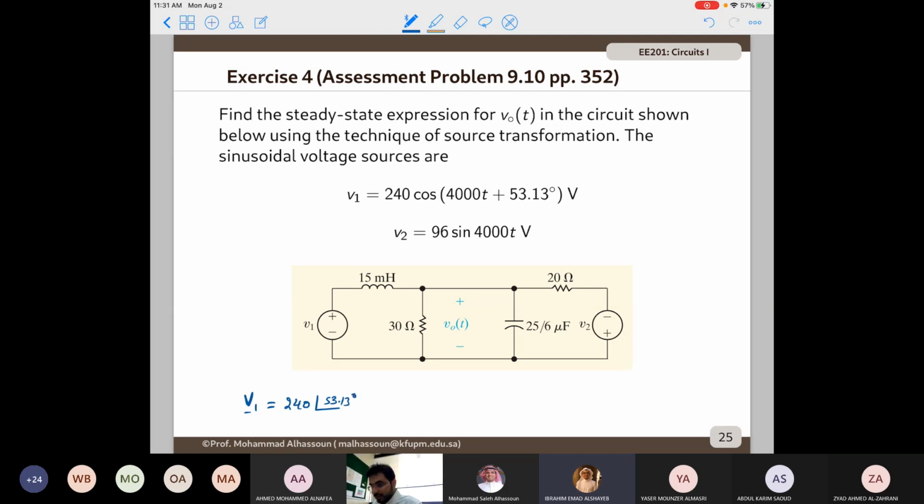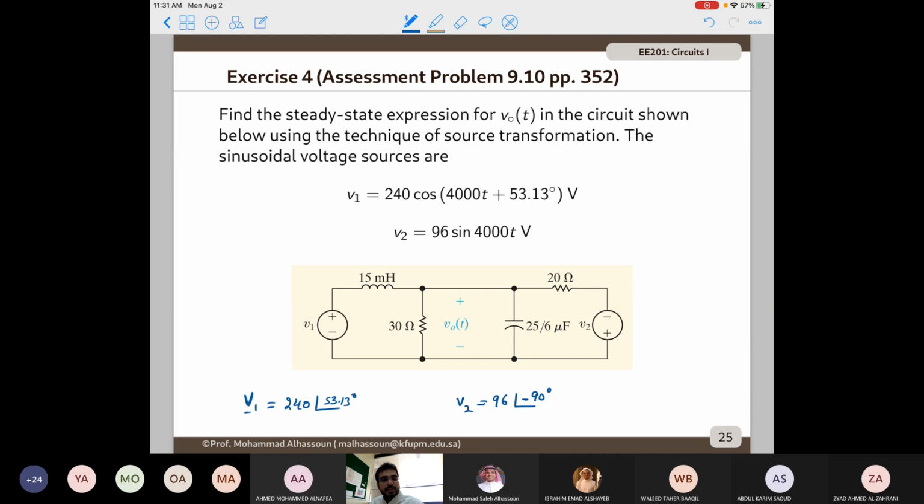Exactly. Walid, what about V2? 96, and the angle is minus 90. Exactly, because it's given in a sine form, so we need to convert it to cosine.